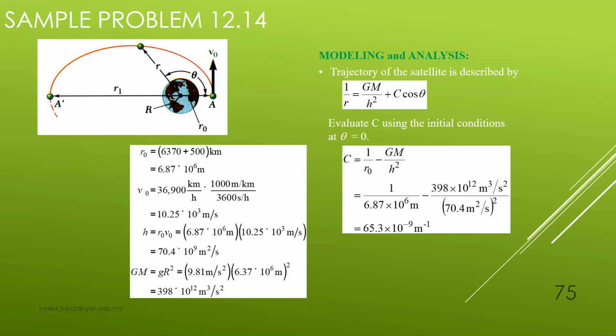Then calculate the velocity V naught. So 36,900, then you do the conversion, then you get 10.25 times 10 to the power of 3 meters per second. Then calculate your H, which is equal to R naught times V naught. Then it is the value.